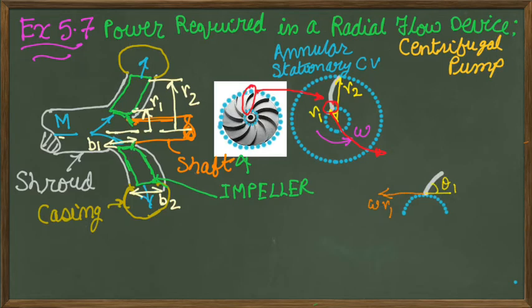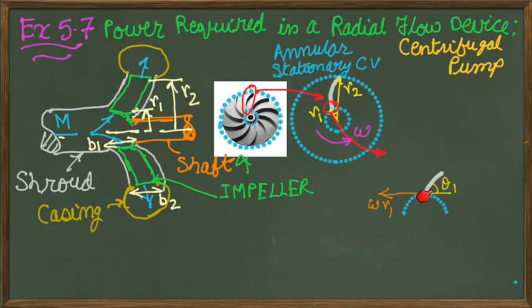For an efficient operation of the centrifugal pump, the blades are designed in such a way that the relative velocity with which the fluid is entering the blade, note that the fluid enters radially at this inner radius r1, enters tangentially to the blade.